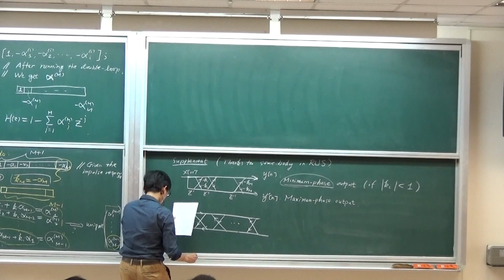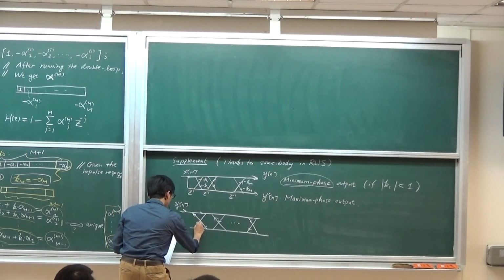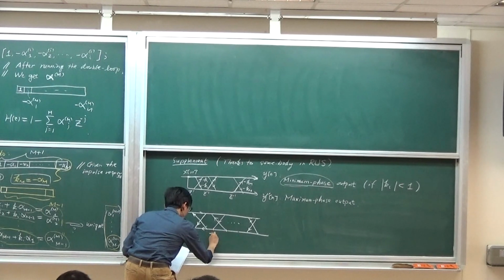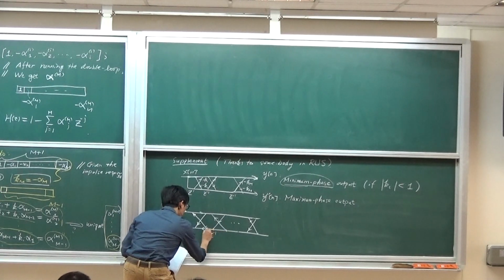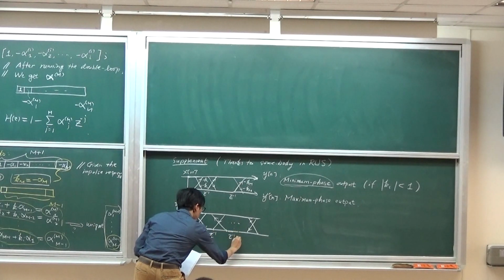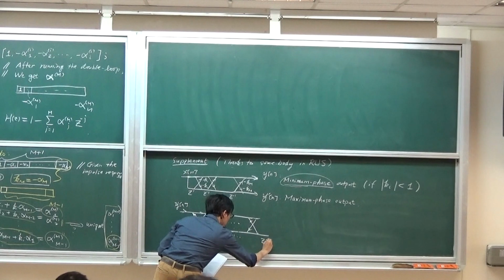And again, we assume that the delay block is at the bottom of each node. The inverse right here, the inverse right there, and so on and so forth.